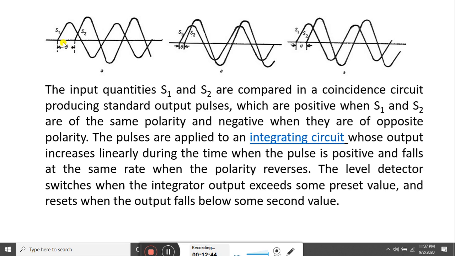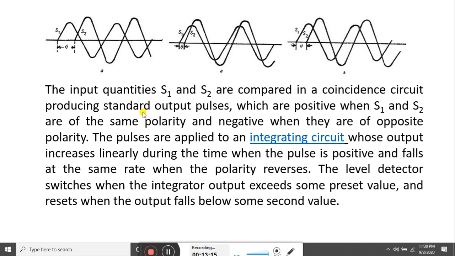For example, S1 and S2 are two signals; here we have this much phase difference, here we have a very small phase difference, and here we have one in between, more than this and less than this. Depending upon these phase differences, the coincidence will occur, and this coincidence will be applied to the operating circuit.